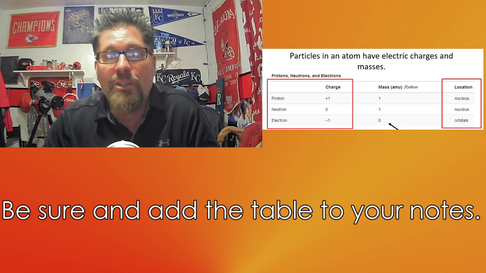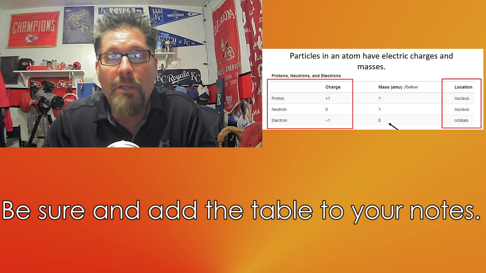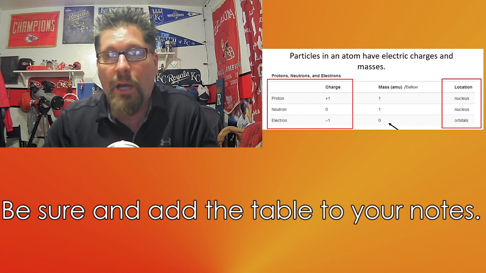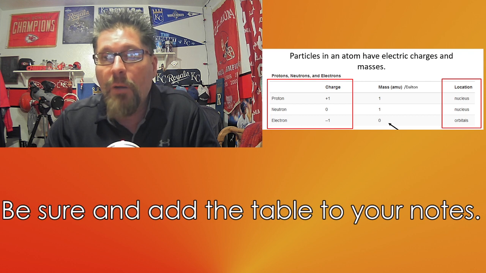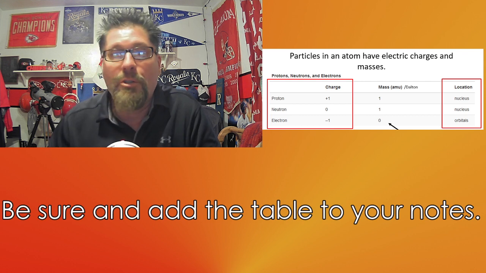Opposites attract, just like magnets with north and south. Those will attach to each other and hold strong. Electrons negative, protons positive, and that's what allows the bonds to occur. Neutrons, as you might guess, neutron, neutral, have zero charge. They just sit in there and help balance everything out to some degree. But anyway, that is the information from this table. Be sure you grab that and add that to your notes.